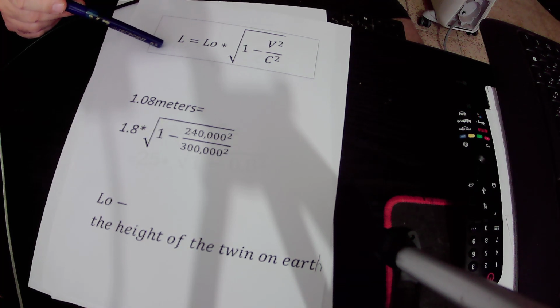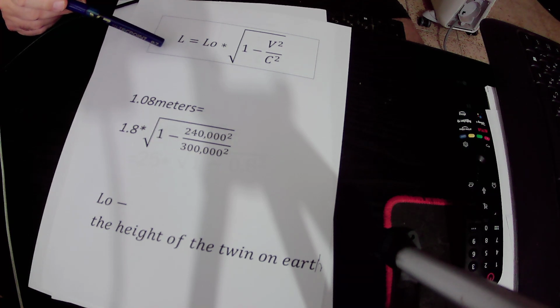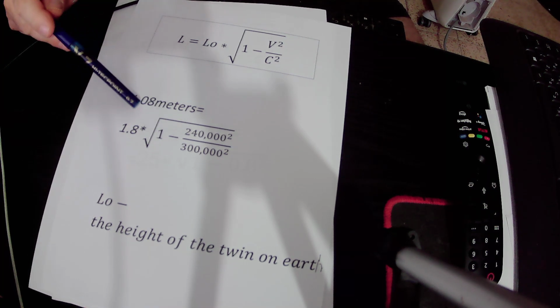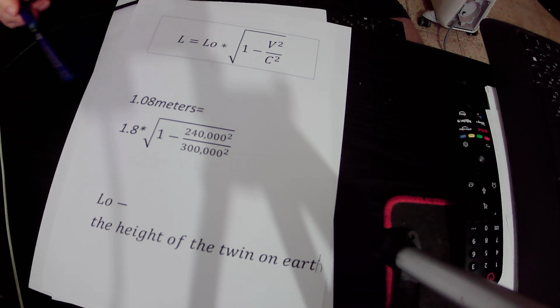So his height has shrunk from 1.8 meters to 1.08 meters only, and his height has actually shrunk by 72 centimeters, because on Earth it is 180 centimeters, and in the spaceship, when he travels at 240,000 kilometers per second, his height will be only 108 centimeters.